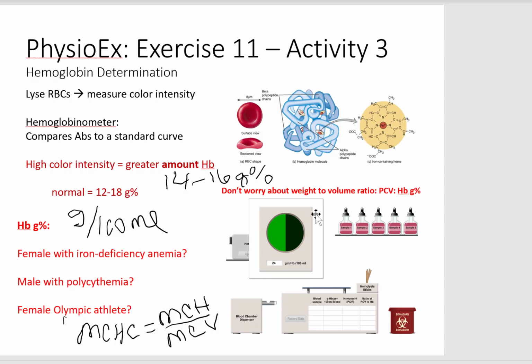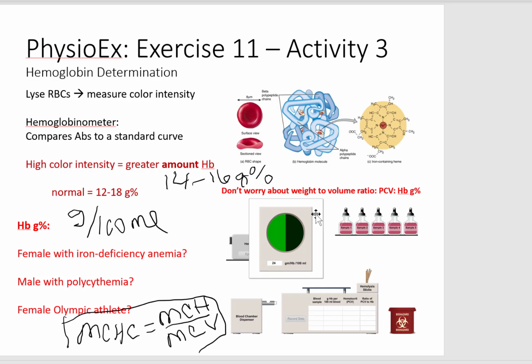That is the mass to volume ratio I asked you to know for your lecture exam, and it is still in your lab manual. PhysioEx was giving you a different way to express this mass to volume ratio, and I don't want you to worry about two different ways. So please stick to this: MCHC equals MCH over MCV.